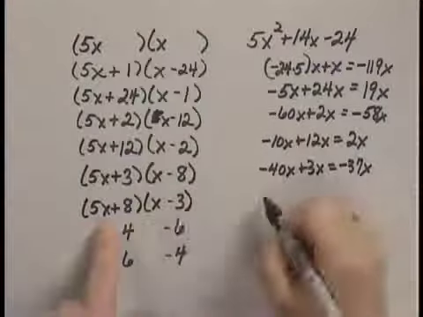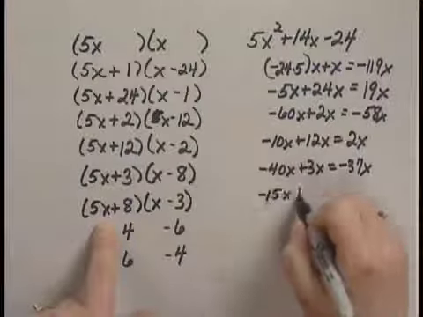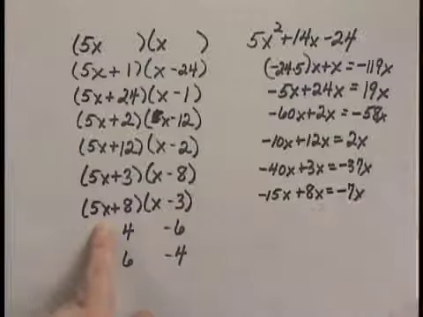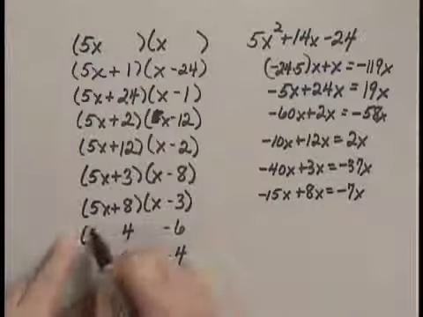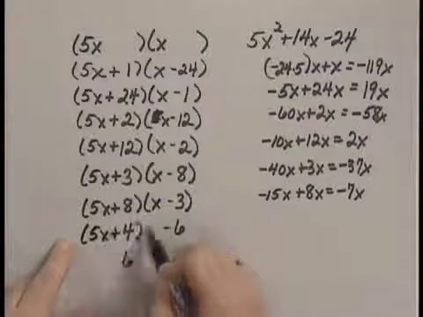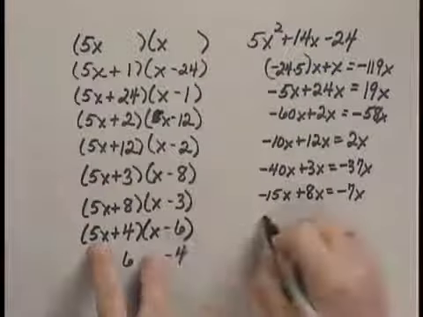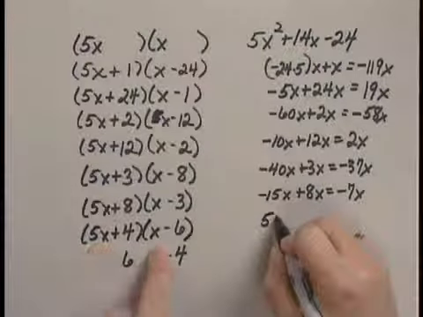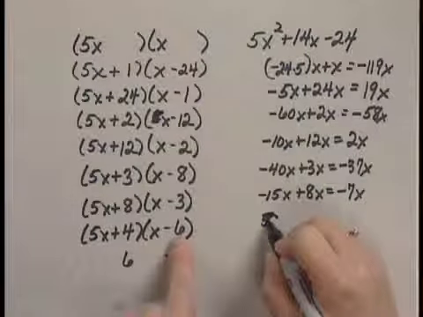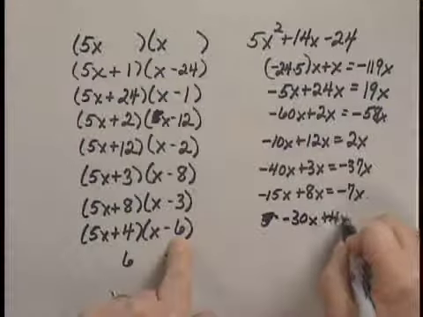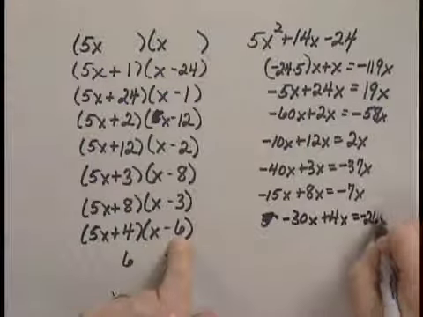My middle term is negative 15x plus 8x, which is negative 7x. Again, that's not right. I'll try 5x plus 4, x minus 6. My middle term will be 5 times negative 6, negative 30x plus 4x, which is negative 26x.